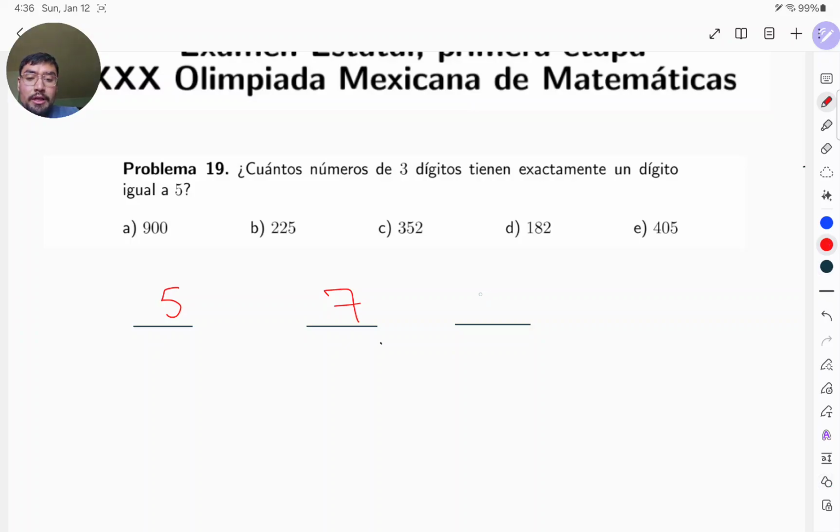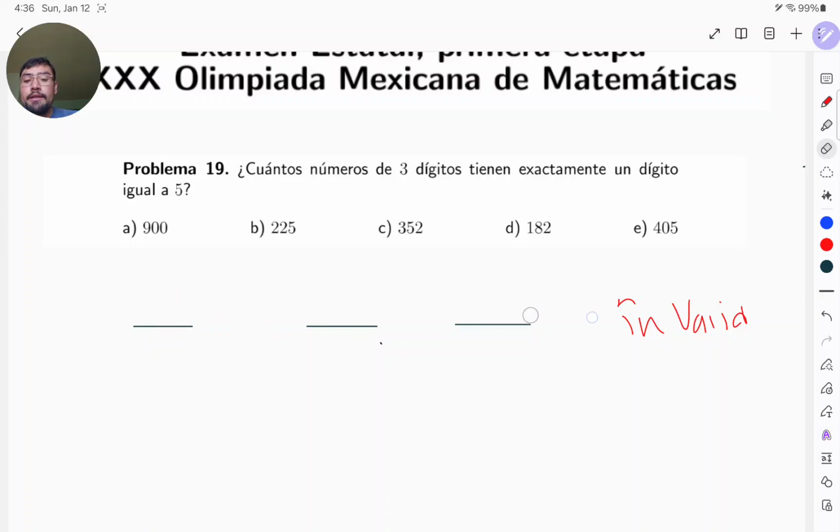For example, this number is valid because it has 3 digits and exactly one digit equal to 5. And this number is invalid, because we don't have exactly one digit equal to 5.